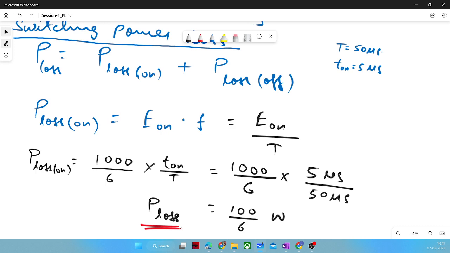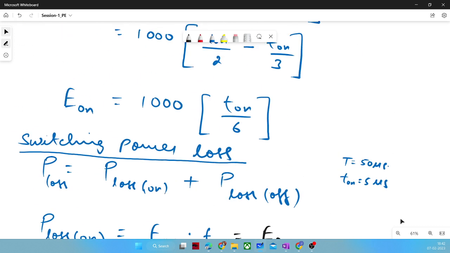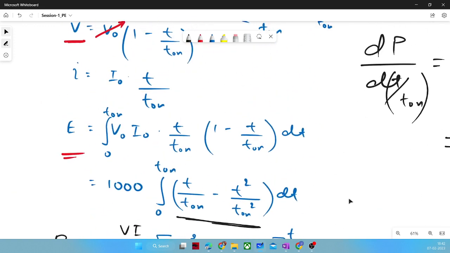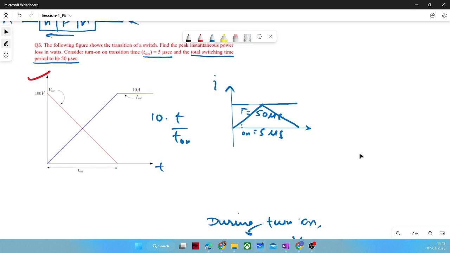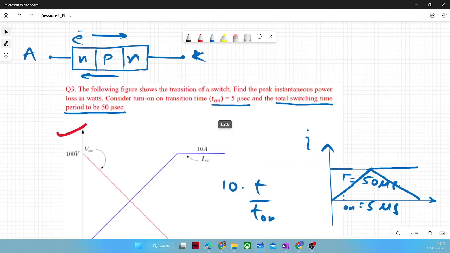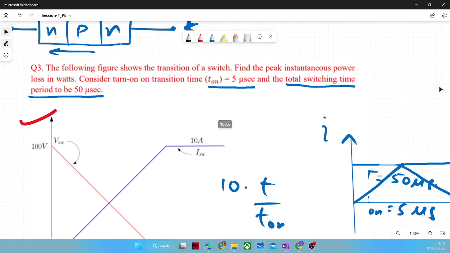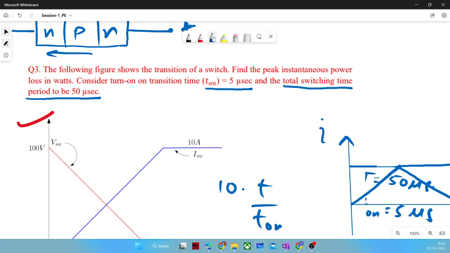But this was not the problem. This was just to explain the concept. The problem was to find out the peak instantaneous power loss. Okay, this is the problem here. I will show it one more time. We need to find peak instantaneous power loss in watts.